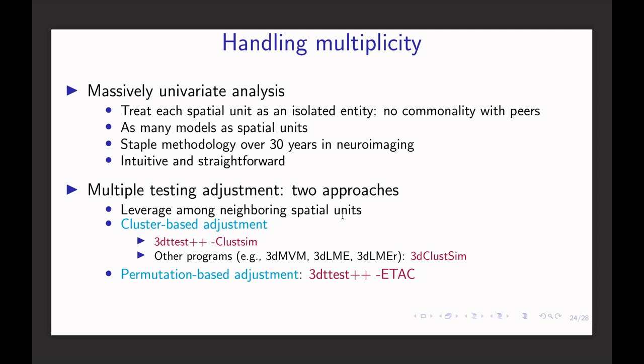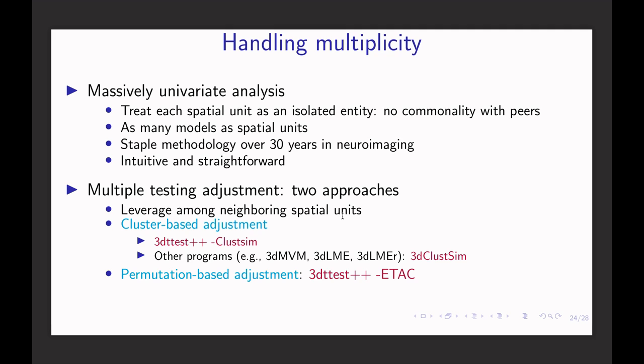It's straightforward, and all the tools are built for this purpose. But the big problem is how to handle the multiple comparison problem, right? So in the field, currently there are two recognized and pretty popularly adopted approaches to handle this. The idea is to use the clustering of voxels as leverage, right?